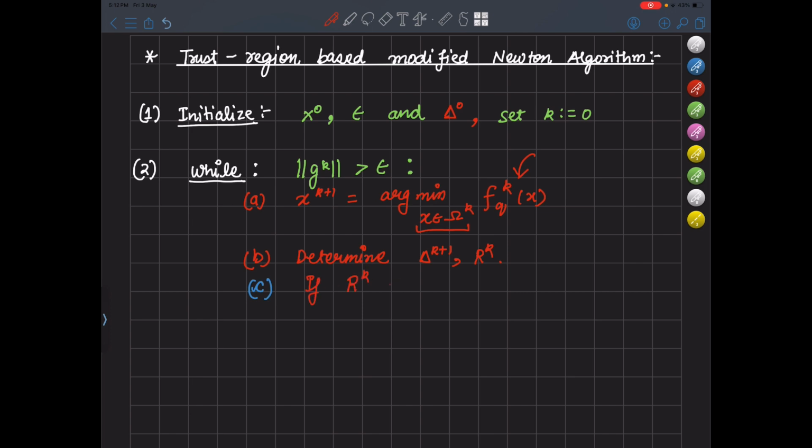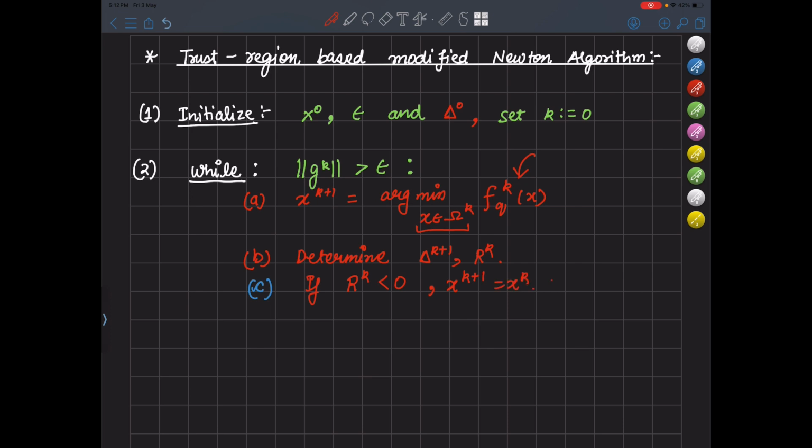There's no restriction on the value of rk, so if it is less than 0, it might happen that either the actual function value or the approximated function value might have increased. So the actual function value must have increased rather than decreasing. So this is not ideal. We don't want to go to the next point. So we reset xk plus 1 equal to xk.